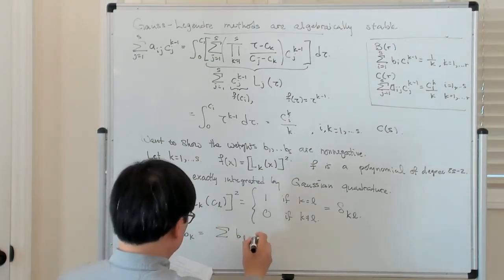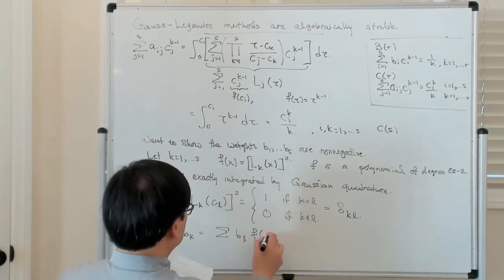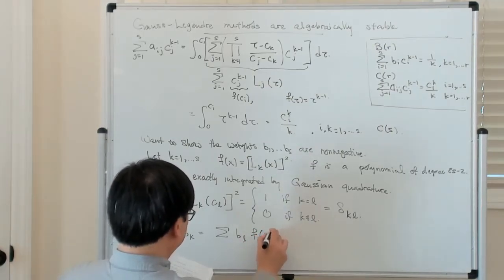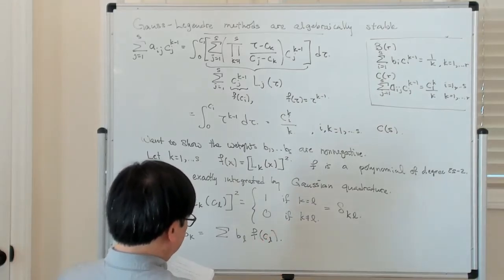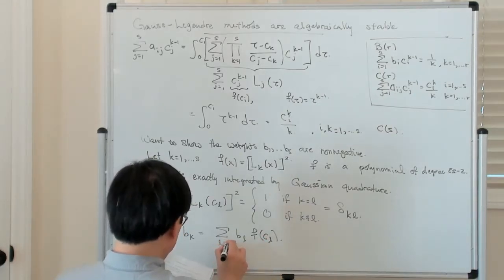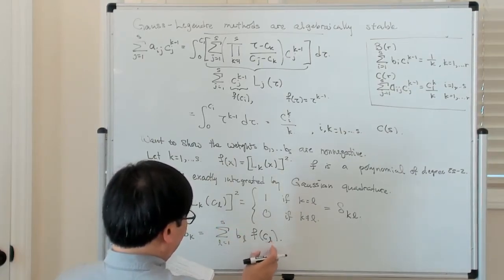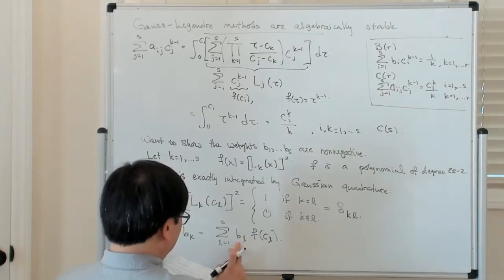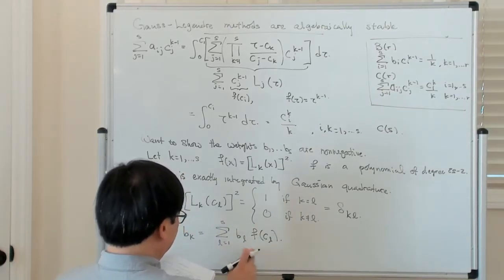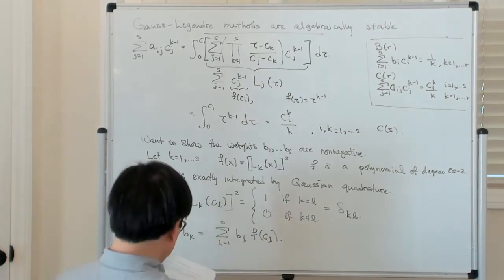So this is the sum of b_l f(c_l) from l equals 1 to s. Again, f evaluated at c_l vanishes unless l is equal to k, and so the only thing you'll see in this sum is b_k. So here equal to here uses this Kronecker delta property.